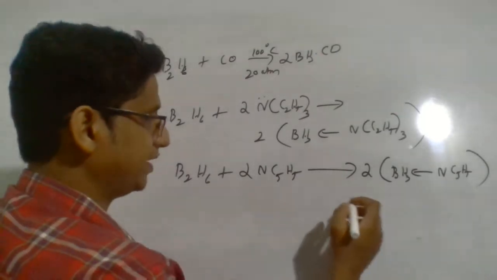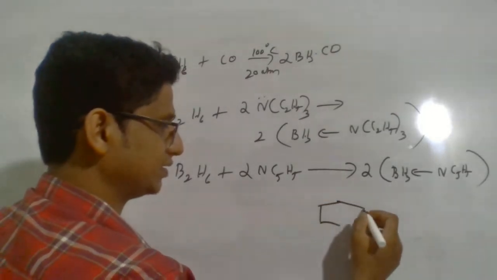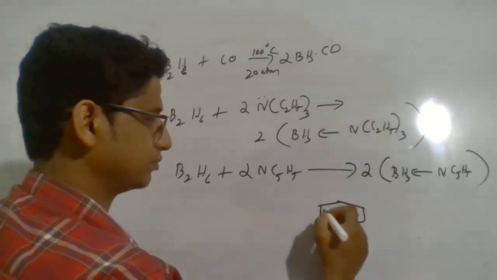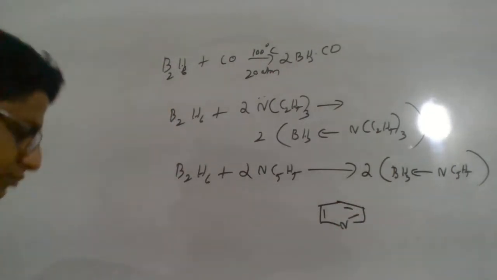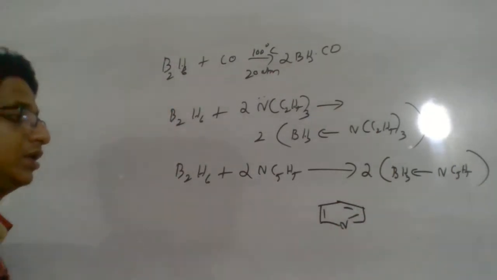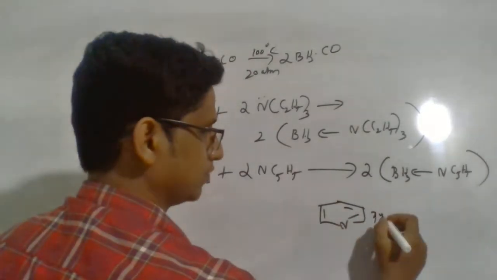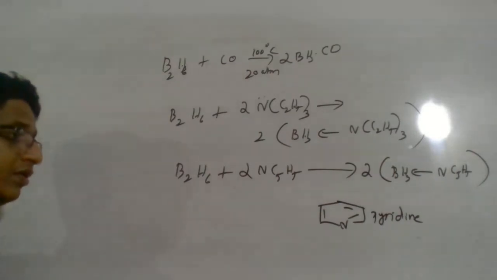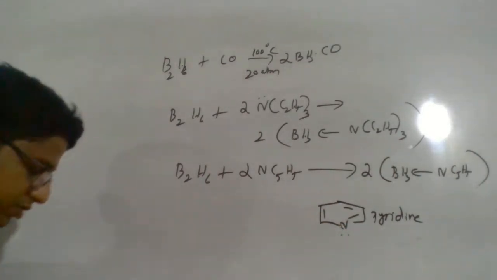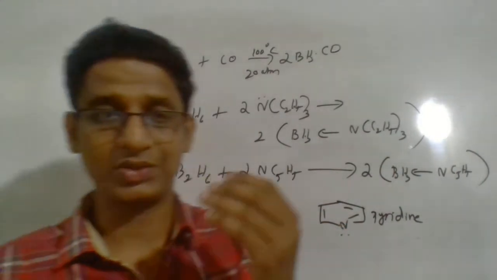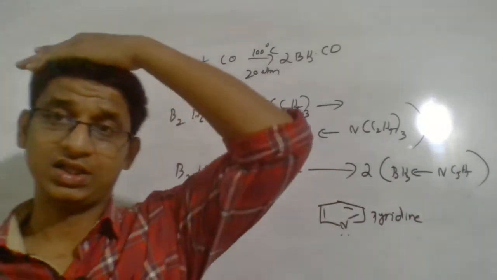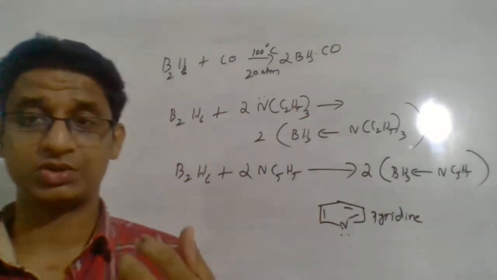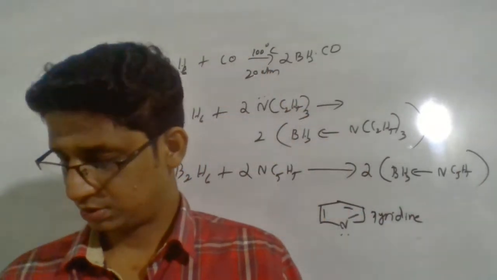You can remember the structure will be like this. So this is pyridine for you. So these are pyridine adducts. Again, nitrogen has a lone pair of electrons that can act as a lone pair donor. So generally, amines and nitrogen-based compounds are Lewis bases.